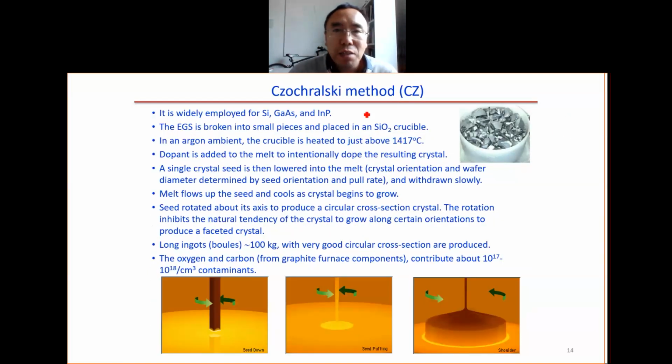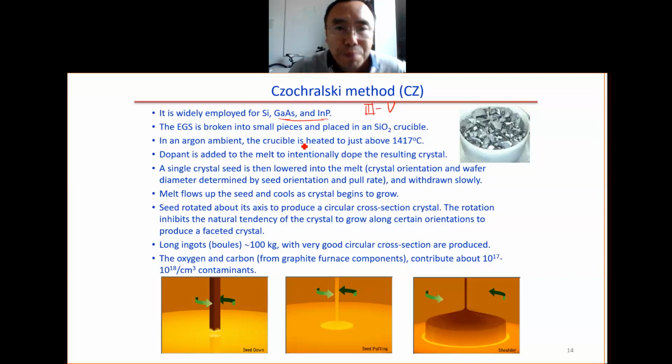So here are the details of the CZ method. It's used to make silicon, gallium arsenide, and indium phosphide. Those are, as we know, called III-V semiconductor materials. We have electronic grade silicon broken into small pieces and put in this silicon oxide container, in an argon environment.